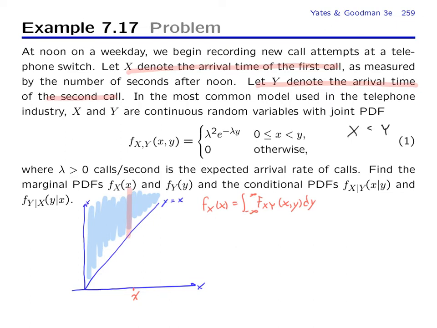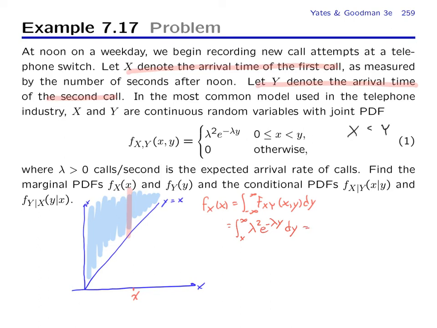And of course, this corresponds to the fact that y has to be greater than x. So this integral becomes the integral from x to infinity. And we plug in the joint PDF, lambda squared e to the minus lambda y, dy.